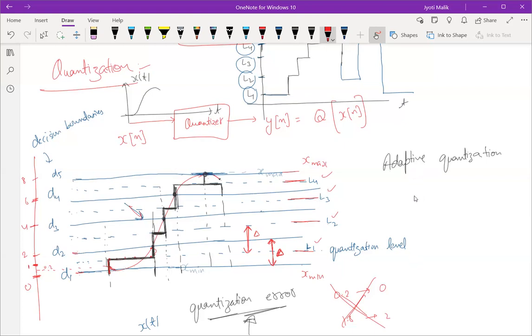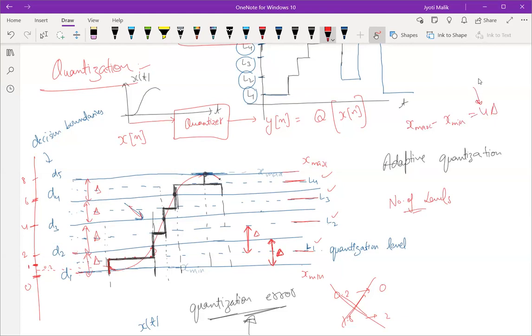Which is the number of levels. All the partitions are equal, so if this is delta, this is also delta, and this is also delta. So this whole range, x max minus x minimum, can I write as 4 times delta?